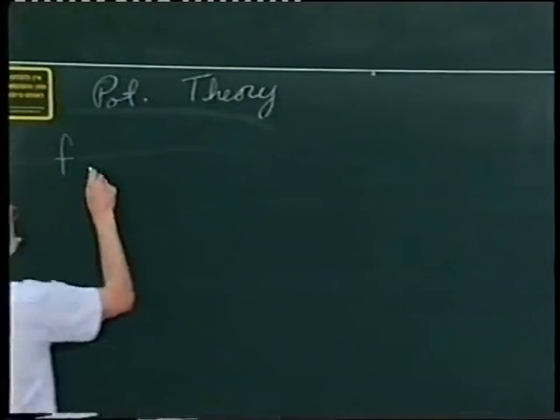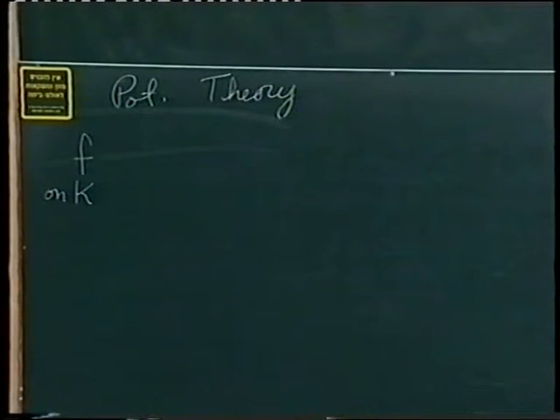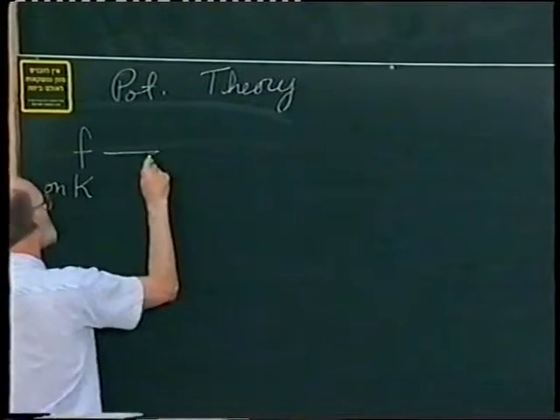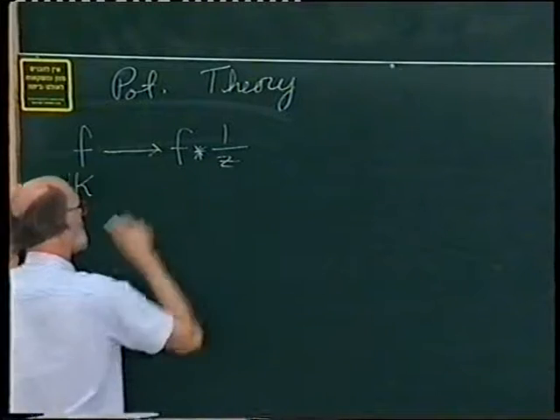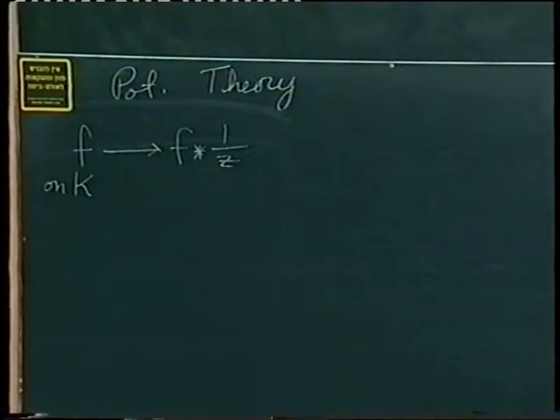So I will have functions on K, maybe in L2 with some measure, and I'm going to map them to the convolution with 1 over z. So what does this convolution mean?